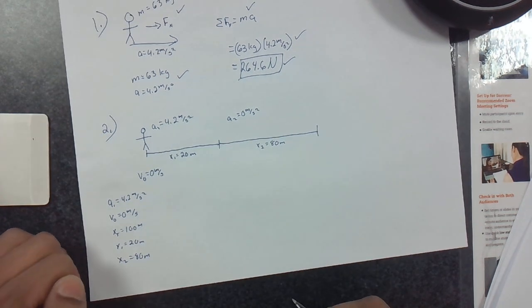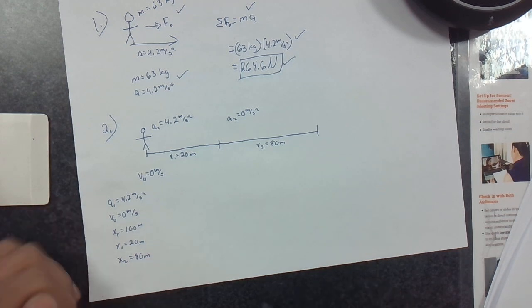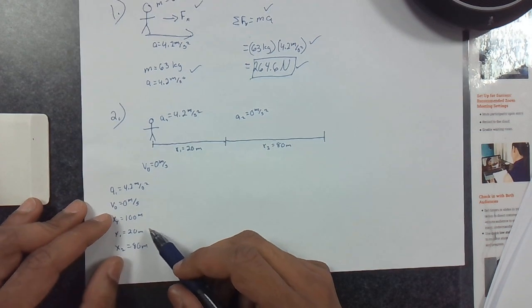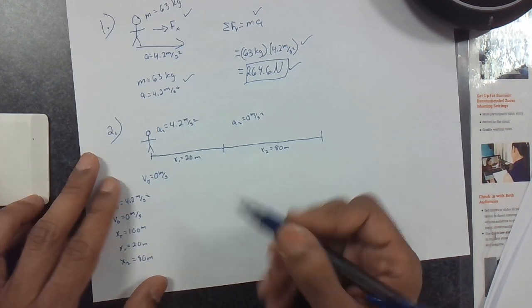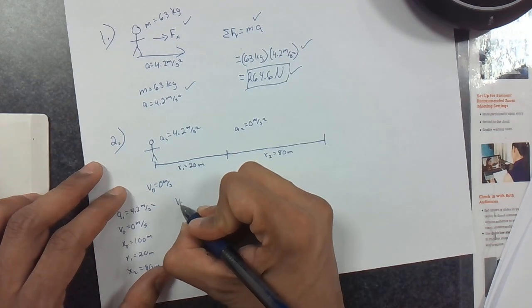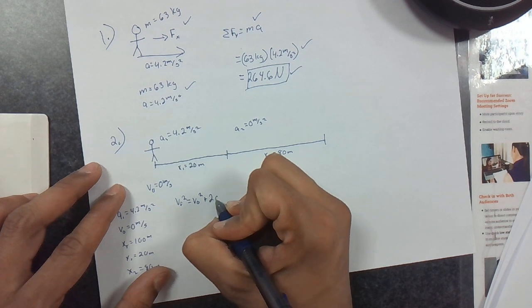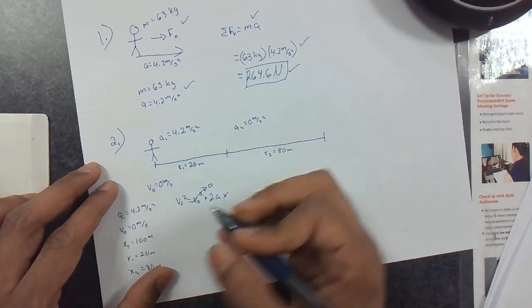Okay, what else do we have? All right, so what we want to find is the final velocity for the first 20 meters, right? So we're going to take all the x1 variables and find our final velocity. So we can use vf squared equals v naught squared plus 2ax. Our initial velocity was 0, right?